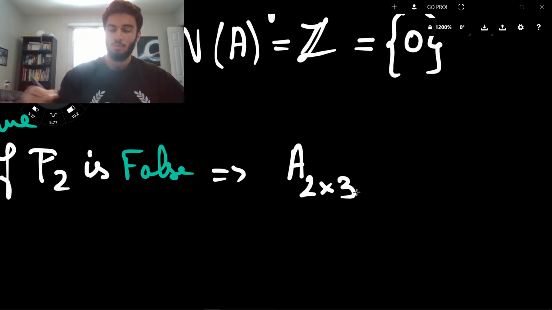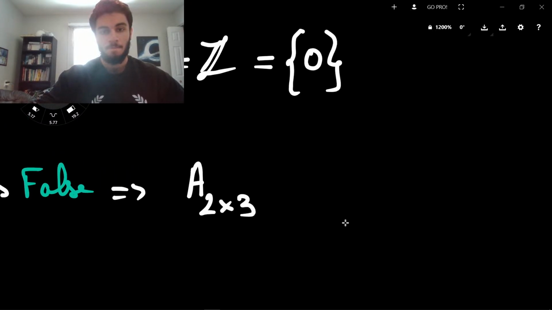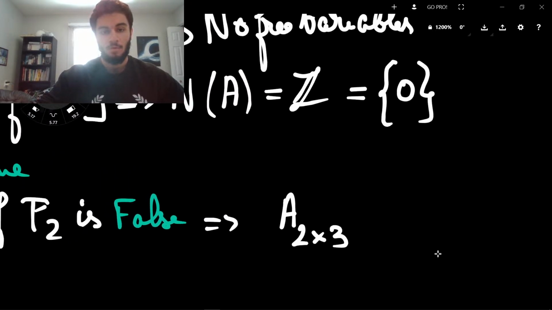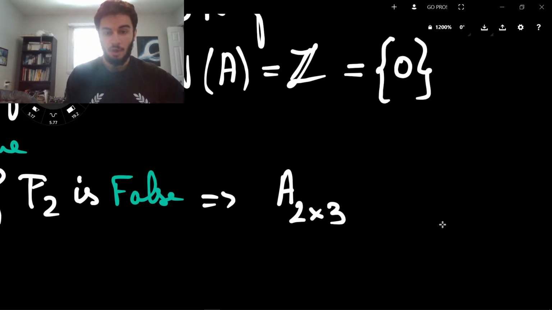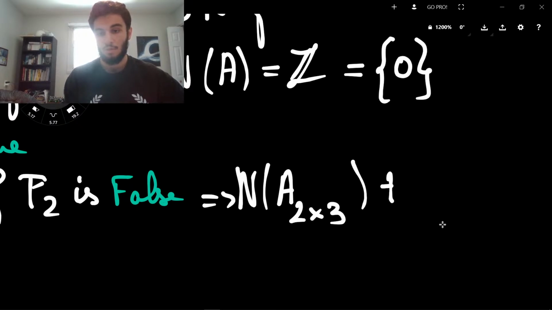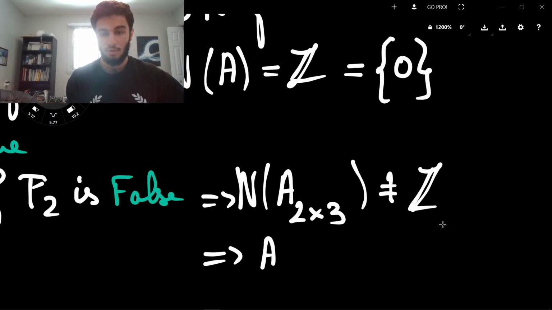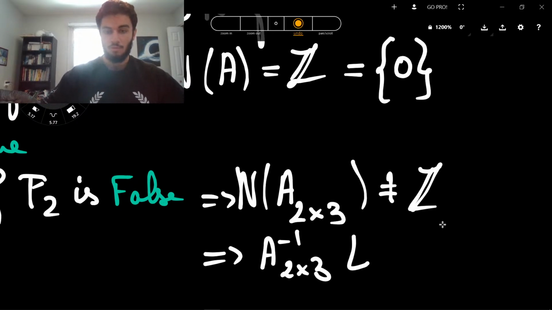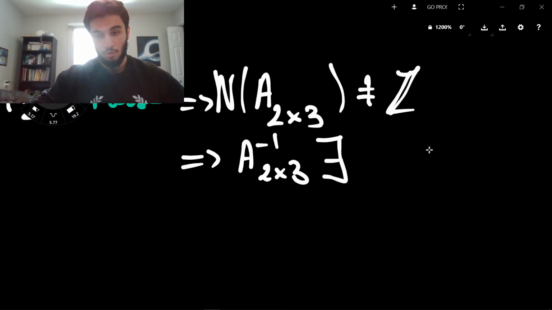Can we have it not squared? Yeah, we can have it not squared. So, yeah, n of A23 is different than Z, and A minus 1, 2, 3 exists.